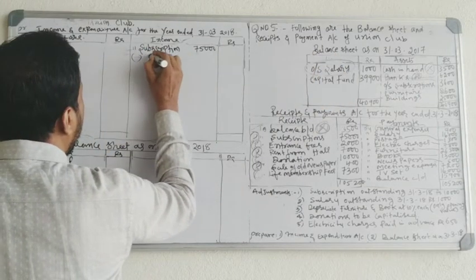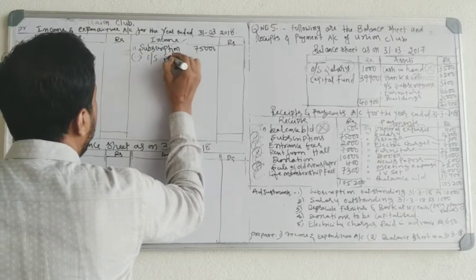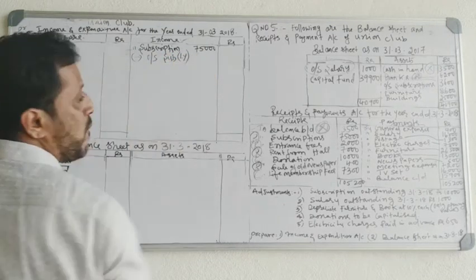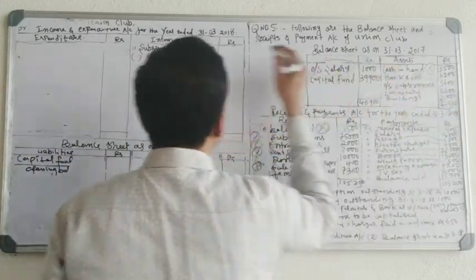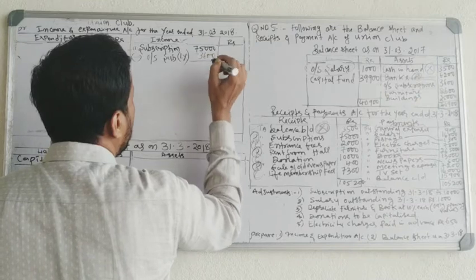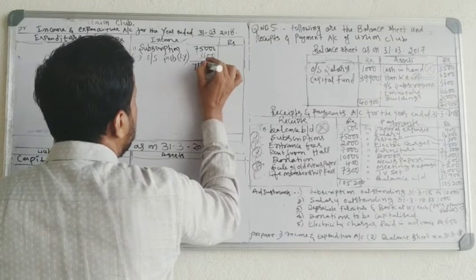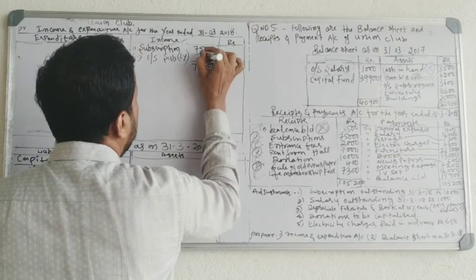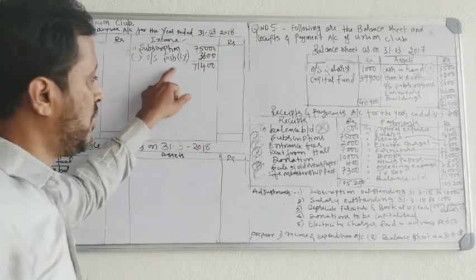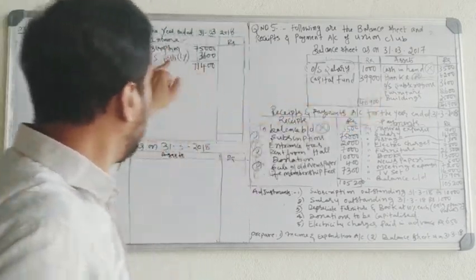Okay. Deduct outstanding subscription last year. How much? 3,600. Then it comes to 71,400. This last year outstanding I have deducted.